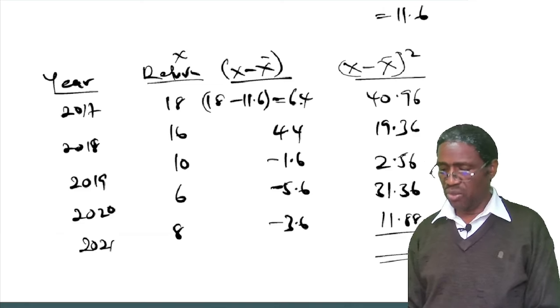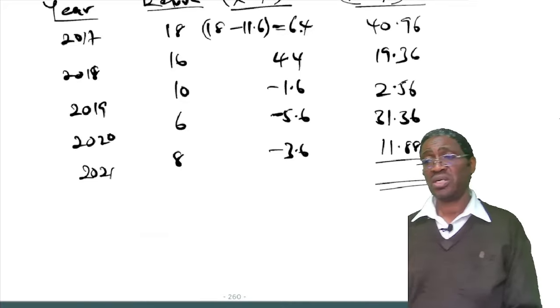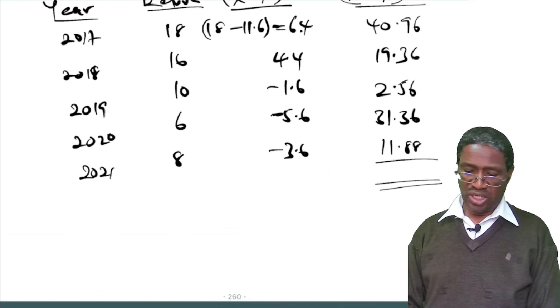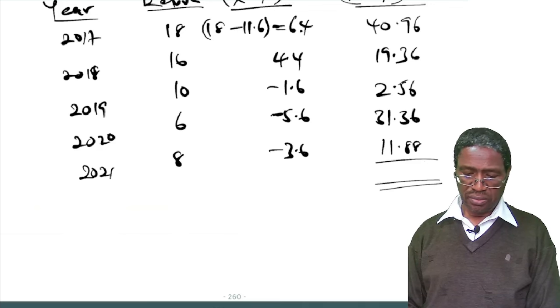Then I get the sum of those squared deviations. So let me do it. 40.96 plus 19.36 plus 2.56 plus 31.36 plus 11.88.